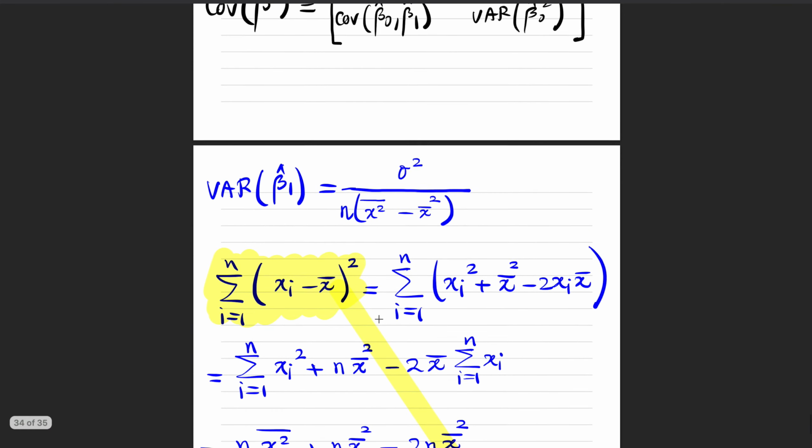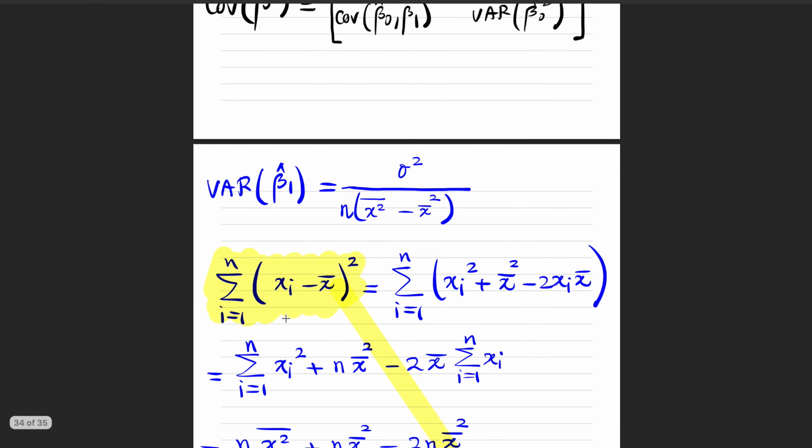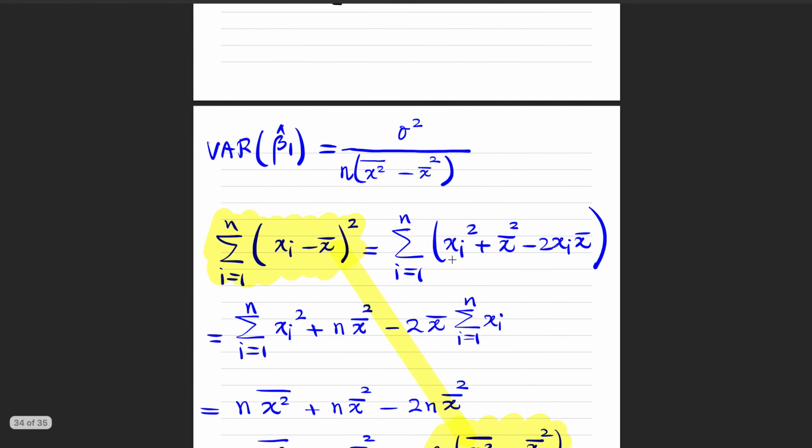Now, a little bit of algebra can be helpful here. Note that the sum of xi minus its sample mean squared can be written as the sum of xi squared plus x bar squared minus 2 xi x bar. Okay, then you have the sum of xi squared.